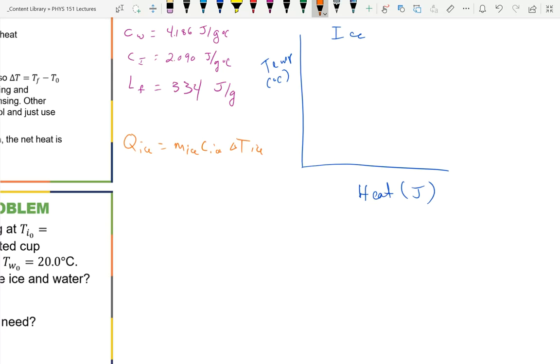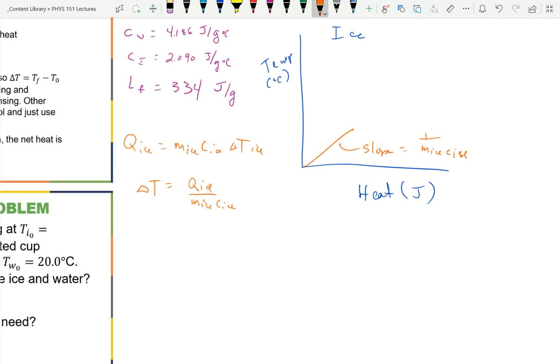So if I plot that on this graph, I'm going to have a line with the slope, which is change in temperature over heat. So I'm going to have that slope initially.